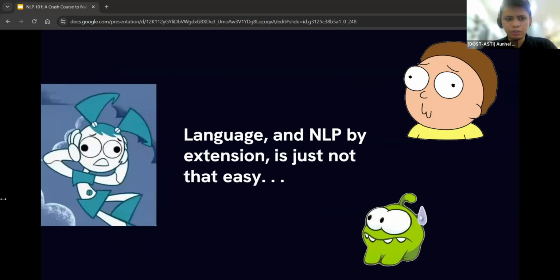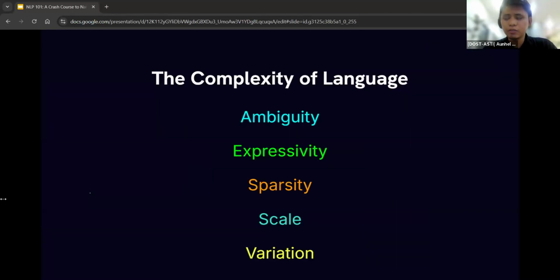Language, and NLP by extension, is just not that easy. To give you an insight on how complex language really is inherently, not just Filipino but different languages in the world have what we call ambiguity, expressivity, sparsity. We have scale and variation that we'll be discussing.